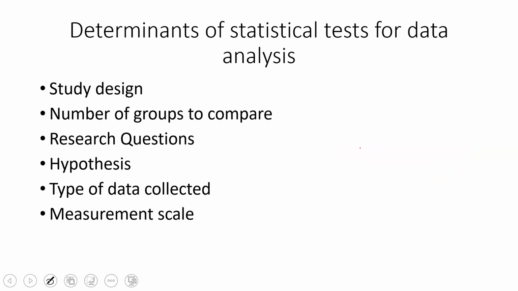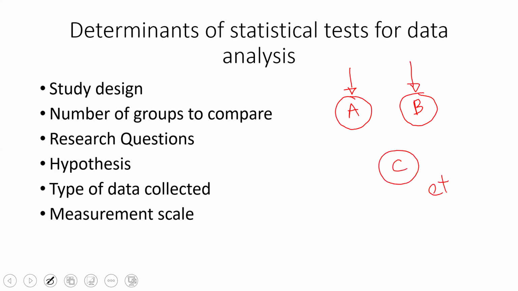You need to look at the number of groups to compare. You might be doing a study in just a group, that is group A. So if it's just one group, the kind of analysis might differ depending on the research question. But you might be comparing group A with group B, which you normally see in experiments, or you can even have group A, group B, group C, and etc. So depending on the number of groups you are working on, your statistical test will also differ.